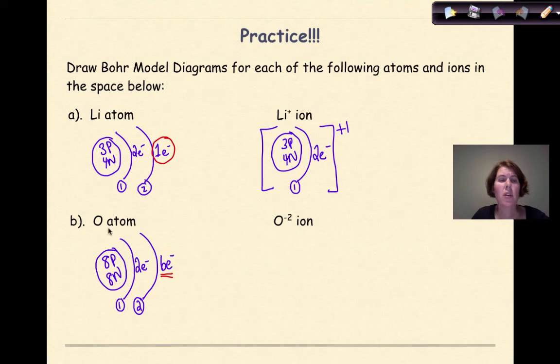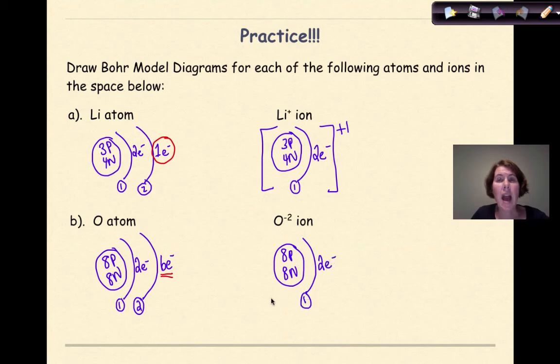Ultimately, we're going to learn that oxygen is a nonmetal, and nonmetals like to gain electrons. That's why this oxygen atom here can gain 2 electrons and now get a full outer shell. If we go back here, we know that we are still going to have 8 protons, still have 8 neutrons, 2 electrons in the first shell.